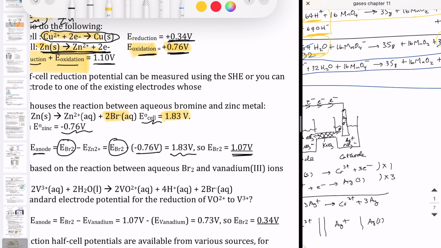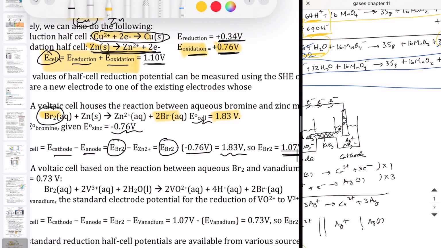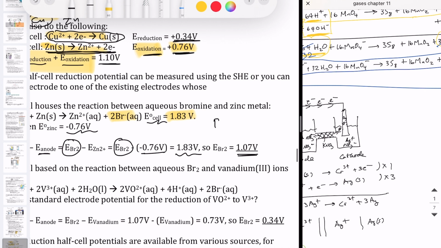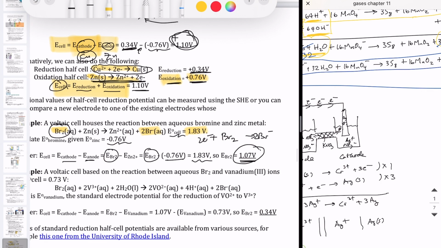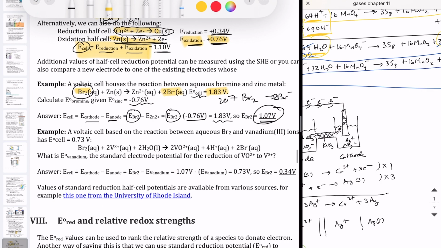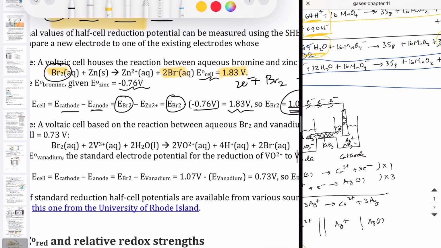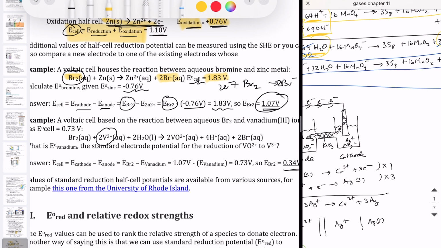So again, that's telling me that the reaction for Br2, where Br2 is being reduced, going to Br minus plus 2 electrons right here, has a potential of 1.07 volts. And again, I can take this and use it to measure something else. So that's the example here. I use it to measure this vanadium ion cell potential. I'm able to find that number from that comparison with Br2, okay?